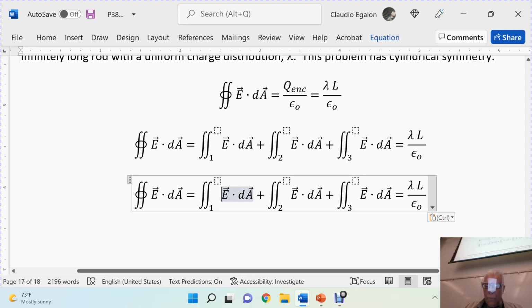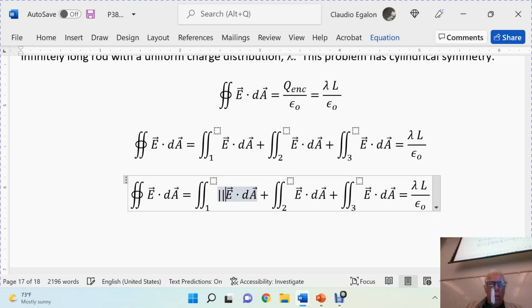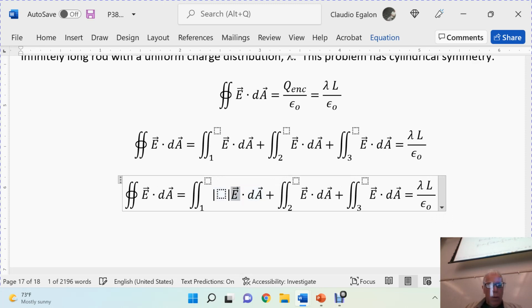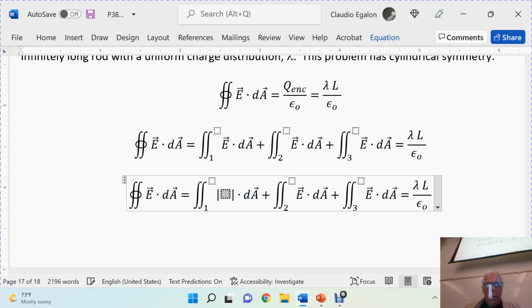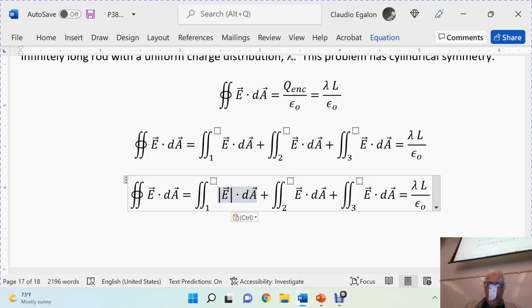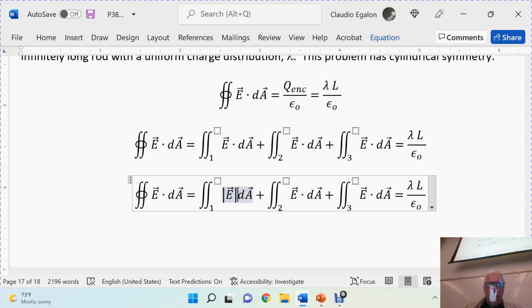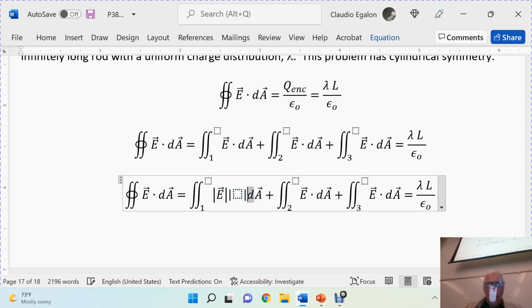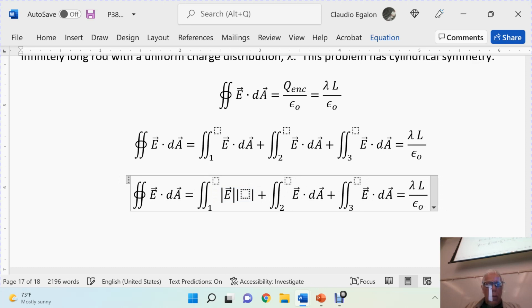the magnitude. We go like that. And we also get the magnitude of the vector area. Like that.